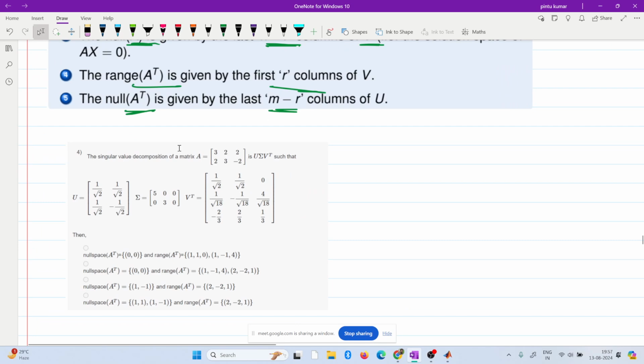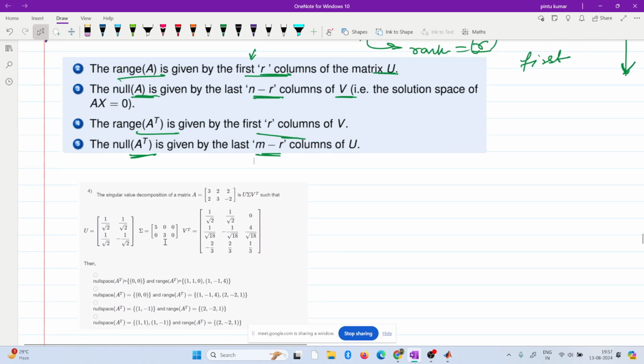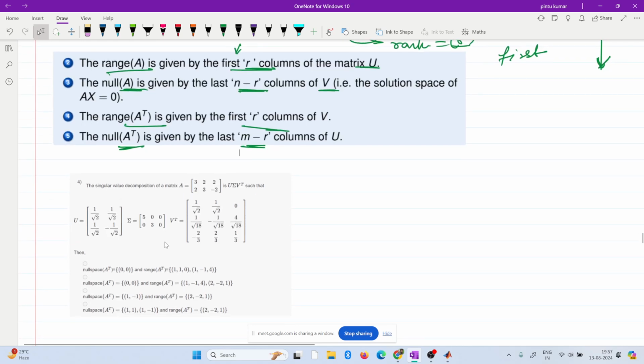Okay. You are given the singular value decomposition of A: this is U, this is sigma, this is V transpose, and there are 4 options. If you look at matrix A carefully, you can't generate the second row from the first row by multiplying with some factor. So these 2 rows are independent, hence the rank of A is 2.